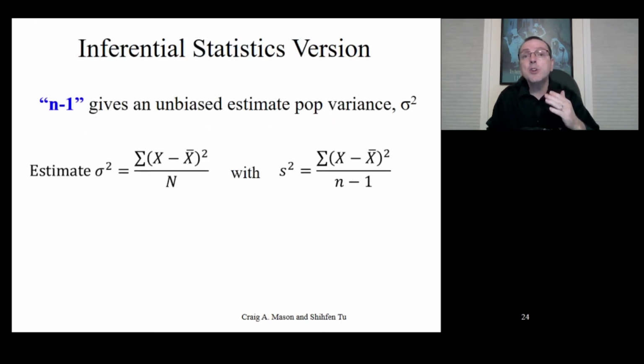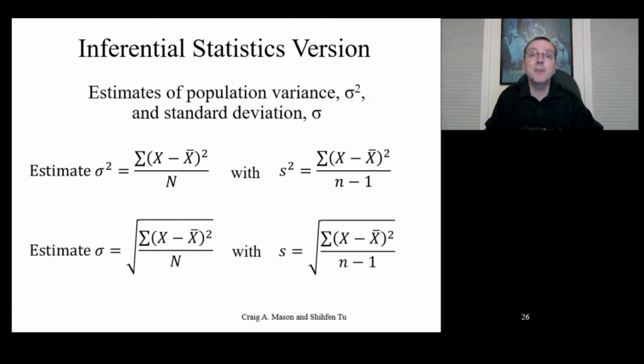Instead, we need to use n minus 1 in the denominator. This gives us an unbiased, more accurate estimate of the true population variance based on our sample. And because it's an unbiased, more accurate estimate of the variance, this also provides a better estimate of the standard deviation, which, as we know, is the square root of the variance.